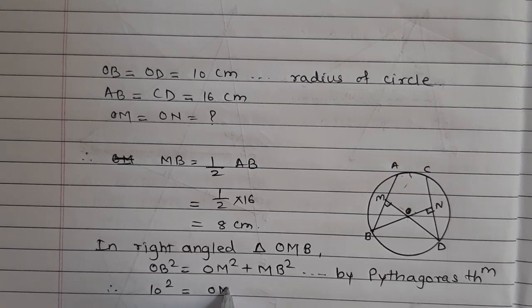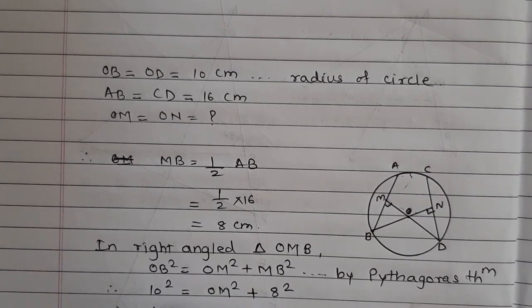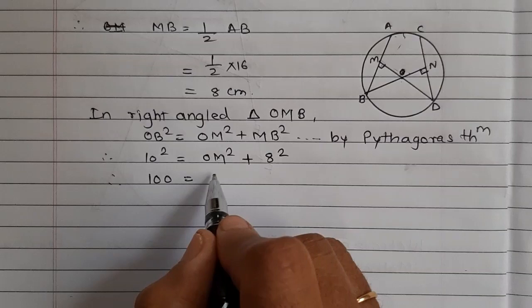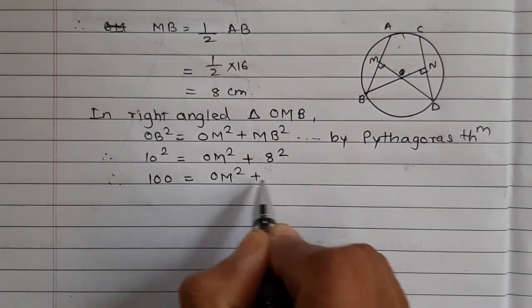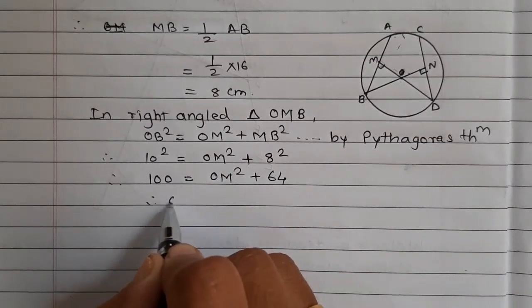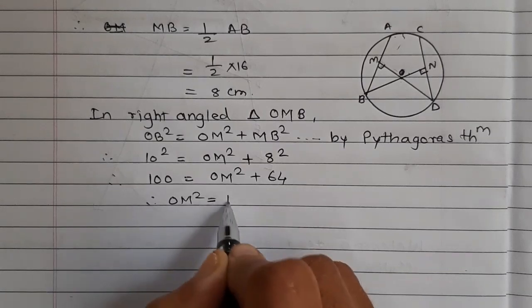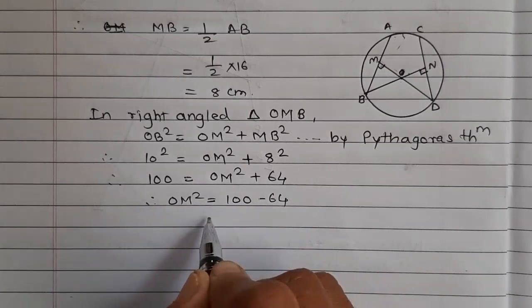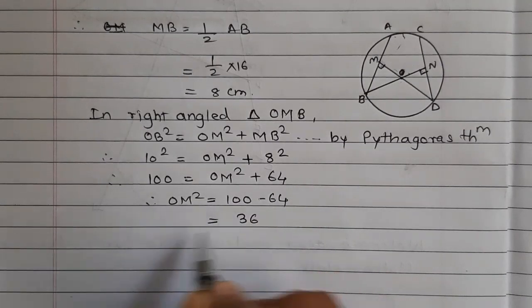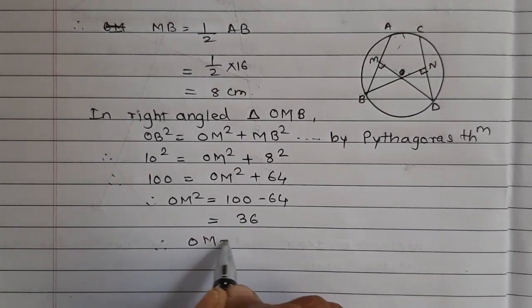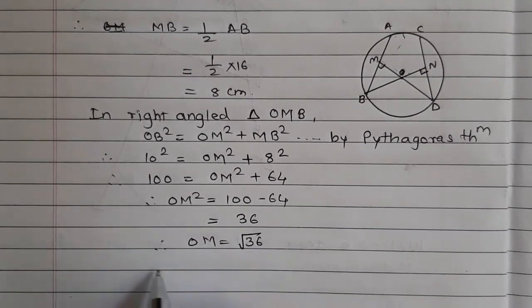OM we have to find, so OM square as it is. MB is 8, so 8 square. Now 10 square is 100, so 100 equals OM square plus 8 square, which is 64. Therefore OM square equals 100 minus 64, which equals 36. Taking the square root on both sides, OM equals square root of 36.